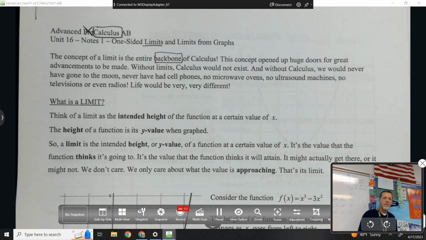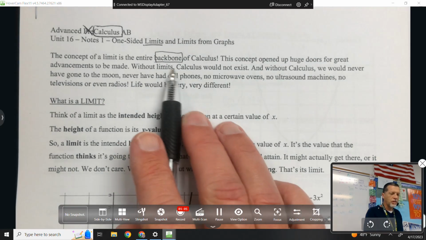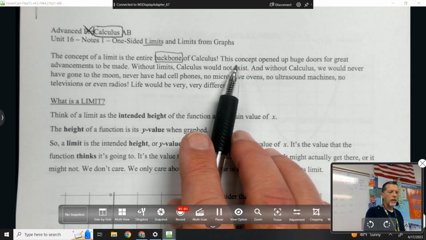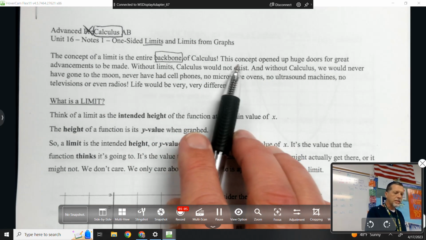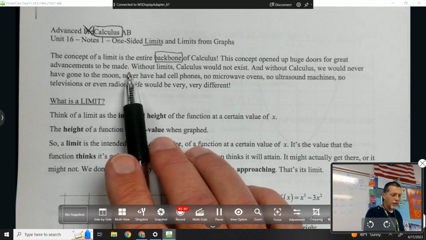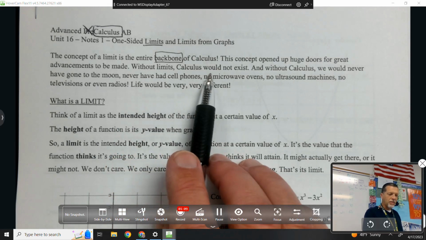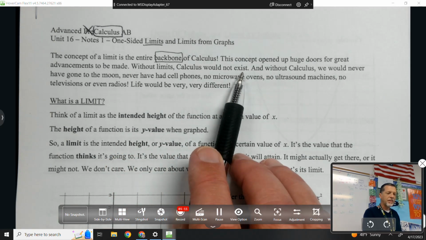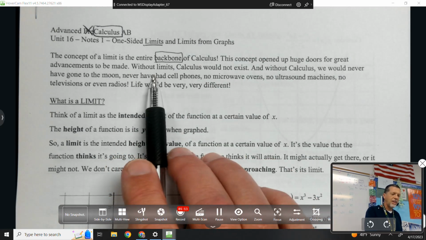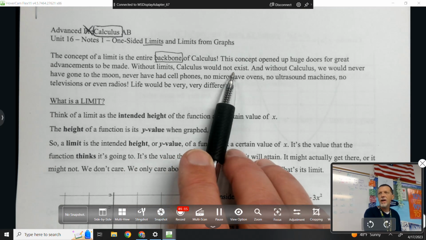Once we learn it and use it, then we kind of stop talking about it, but it's still going on in the background. This concept opened up huge doors for great advancements to be made. Without limits, calculus would not exist. In fact, there's a little joke, a very mathy joke.